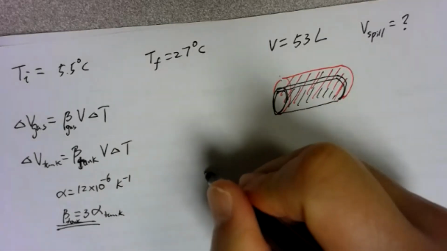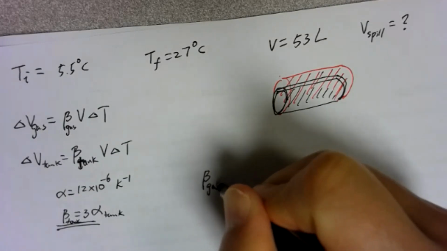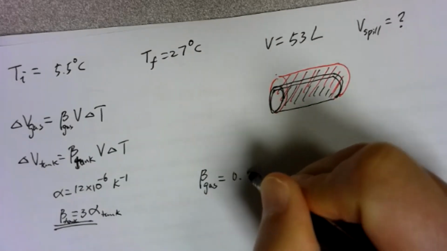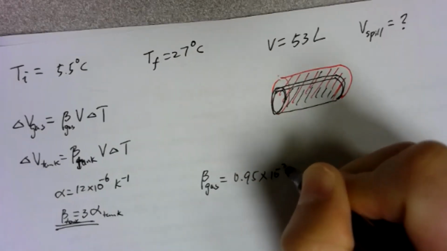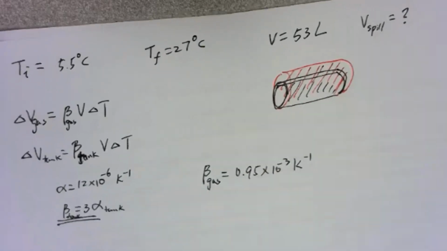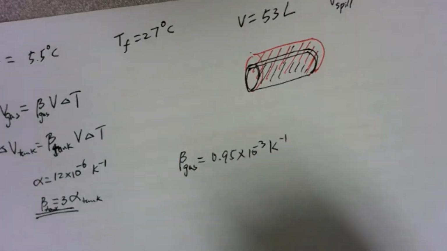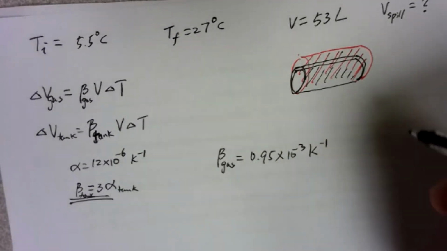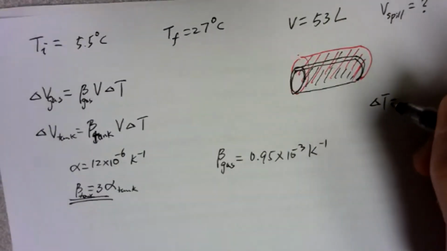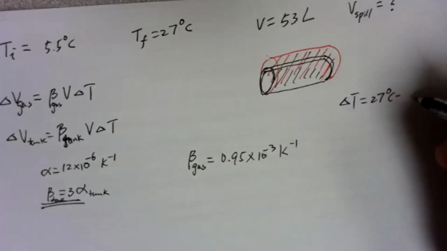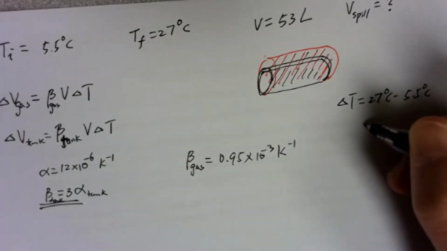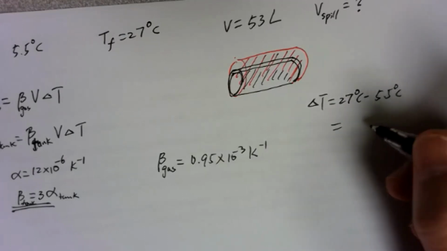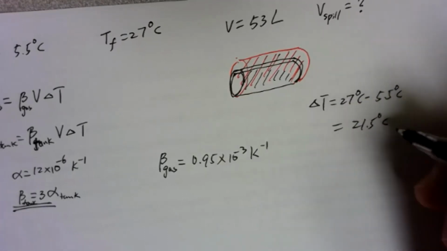Now beta of gasoline is actually given: 0.95 times 10 to the minus 3 Kelvins inverse. Delta T will be the same for gasoline and tank. So delta T will be 27 degrees minus 5.5 degrees Celsius, which gives you 21.5 degrees Celsius.